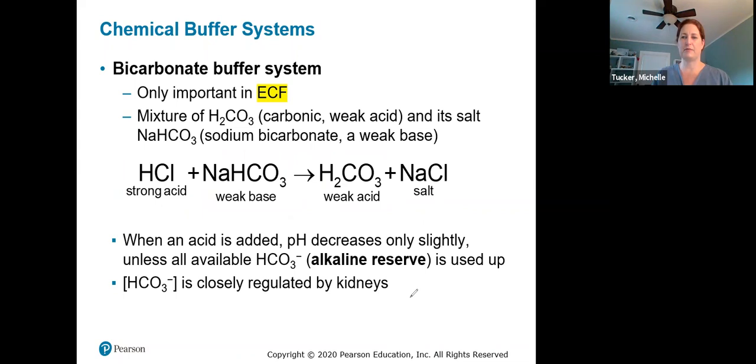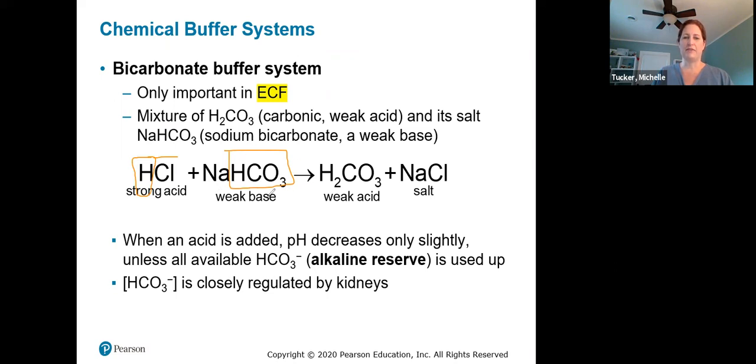We're going to discuss the bicarbonate system more in detail when we get to renal regulation. What this is showing is that it's important to have an alkaline reserve. So when we talk about regenerating, reclaiming bicarbonate, one of the reasons is so that we have more of this weak base available to interact with if we're adding in hydrogen ions.